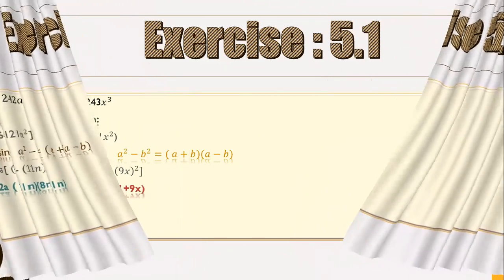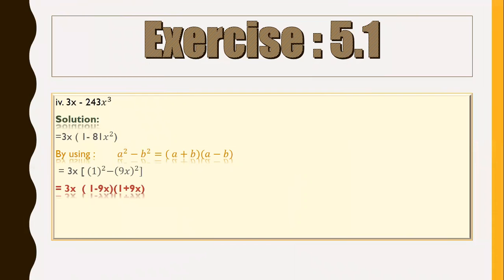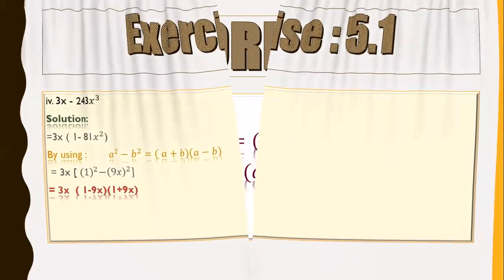The remaining terms will be 1 minus 81x square. 81 is the square of 9 and 1 is the square of 1 itself. So 1 square minus 9x whole square, and when we put it in the formula, we get 1 minus 9x and 1 plus 9x.